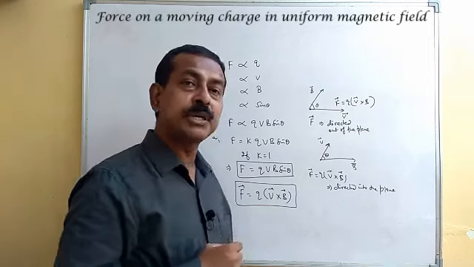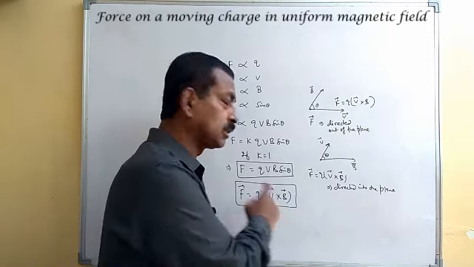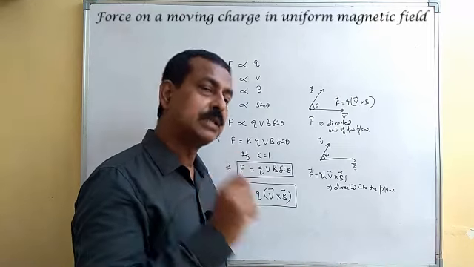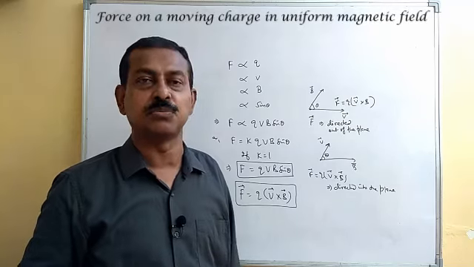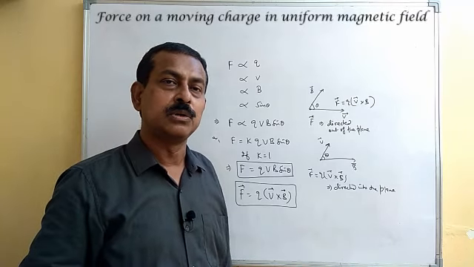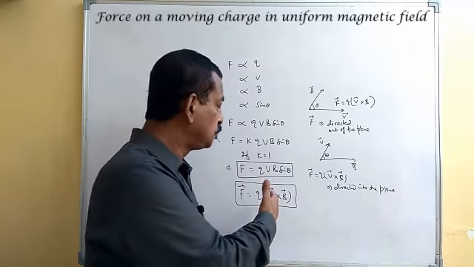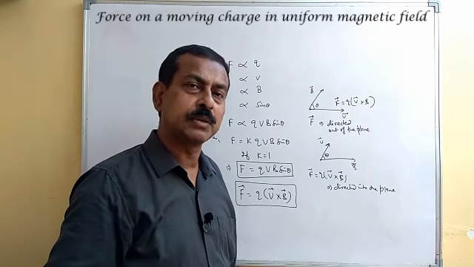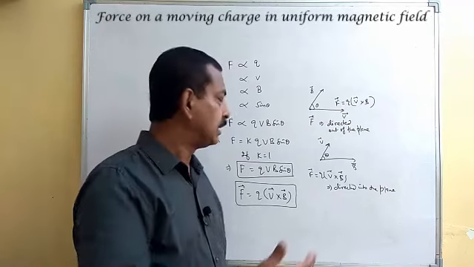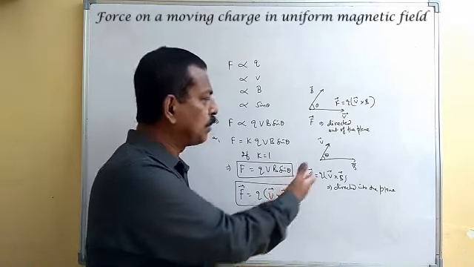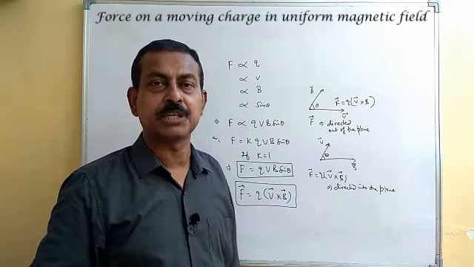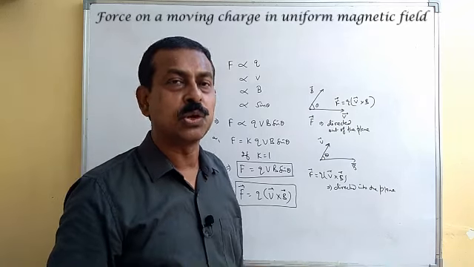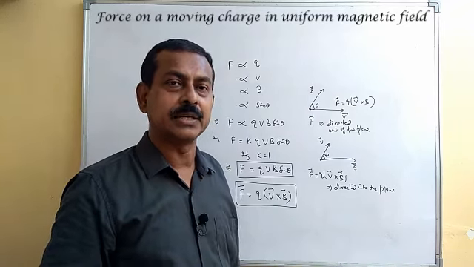We keep the forefinger in the direction of the magnetic field, the middle finger in the direction of the velocity of the charge, and then the thumb will indicate the direction of the force. That is when the velocity and the magnetic field are mutually perpendicular. If it is not perpendicular, you can simply apply the cross product of vectors, taking help of the right-hand thumb rule, the right-hand screw rule, to get the direction of the force.